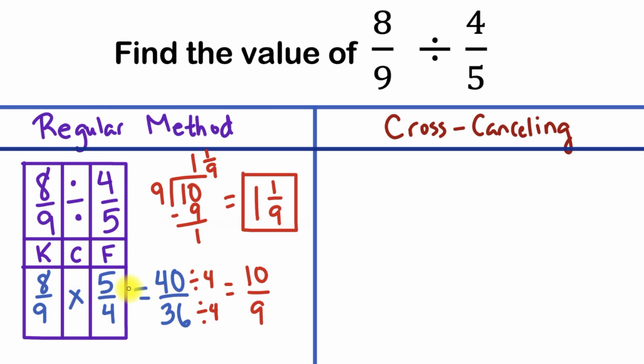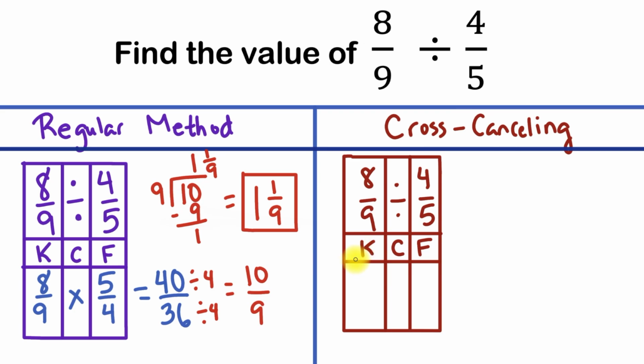Now, that was a lot of work, so let's see how the cross-canceling method compares to that. We're going to start the same exact way. We're going to rewrite the question that we were given. And again, since it's a division of fractions question, we're going to use KCF. Again, KCF stands for keep, change, flip.